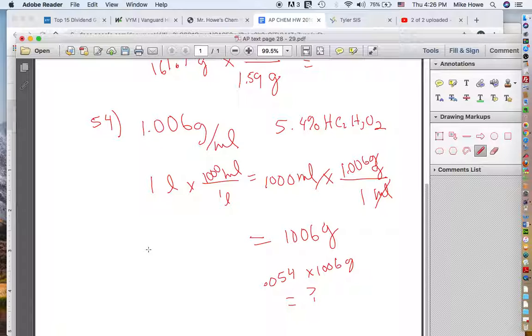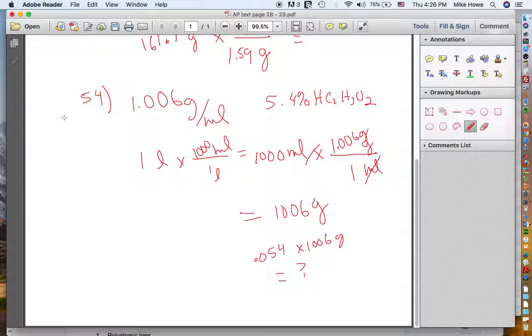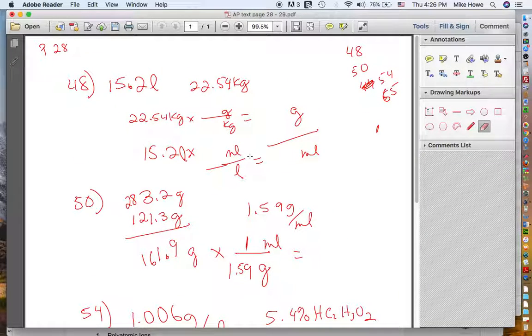Last question is number 55. But I've used my whole page. So we'll go back here. Maybe do that. Go back to the top and just see if we can erase some stuff. That didn't work.